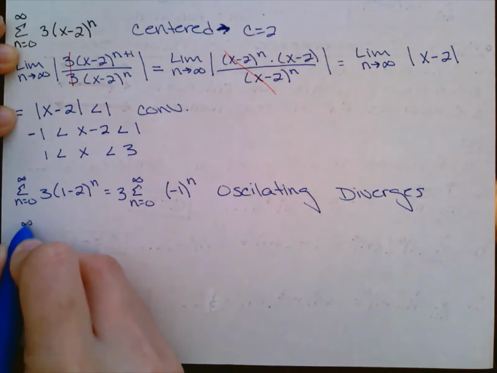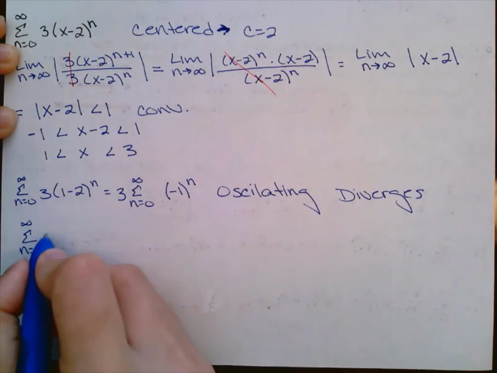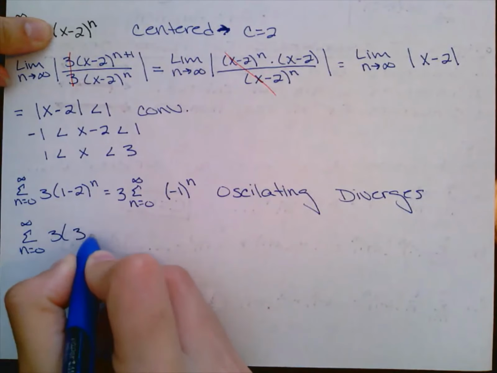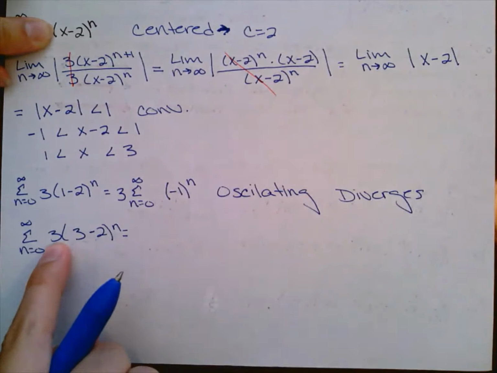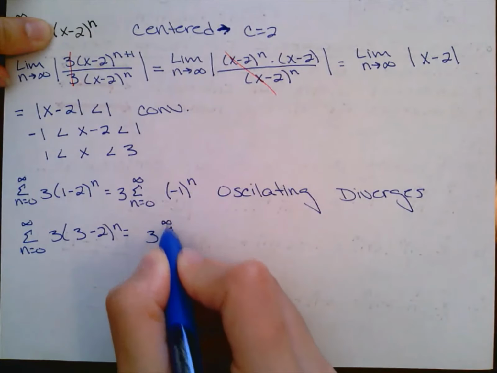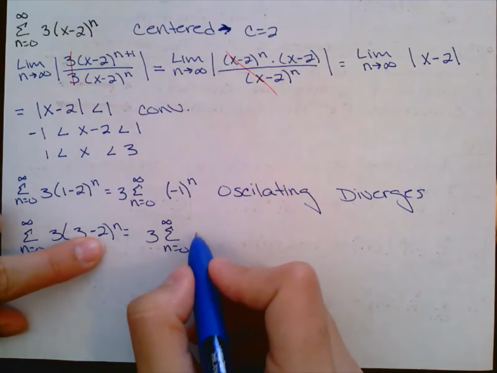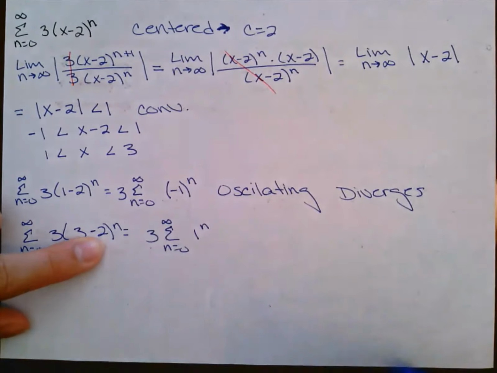So now let's test the other side. Let's test 3. So I'm going to say 3 times, and in the spot of the x, I'm going to put a 3, which I'm going to clean up. I'm going to move that 3 out as a coefficient. And now 3 minus 2 is 1 raised to the n. 1 raised to anything is just 1.